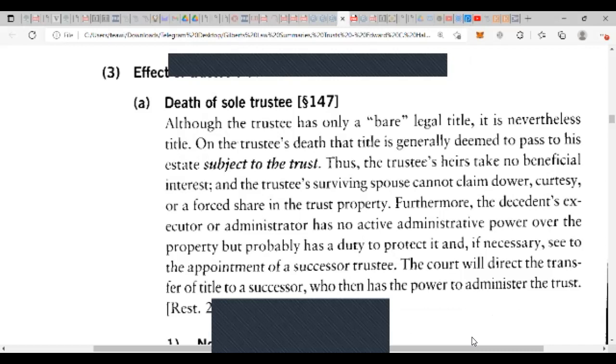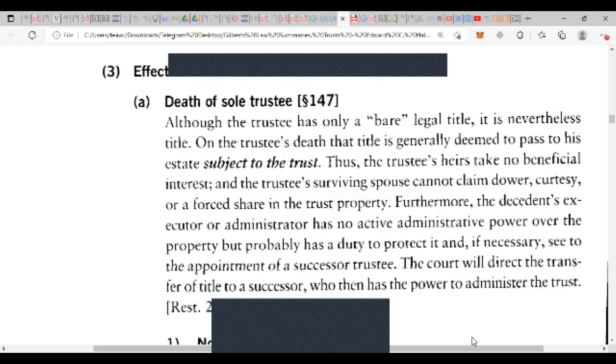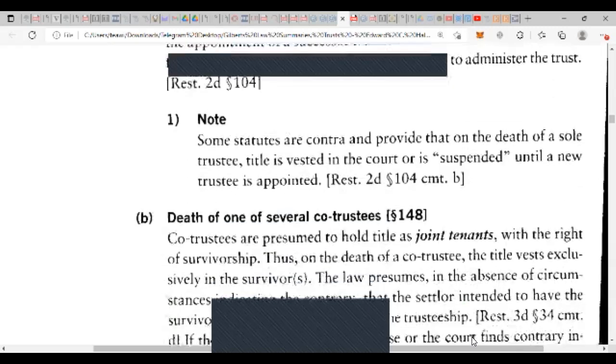Furthermore, the decedent's executor or administrator has no active administrative power over the property, but probably has a duty to protect it, and if necessary, see to the appointment of a successor trustee. The court will direct the transfer of title to a successor, who then has the power to administer the trust. Restatement 2d, Section 104.